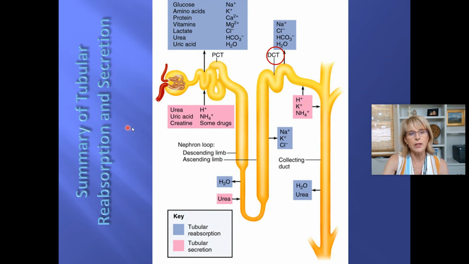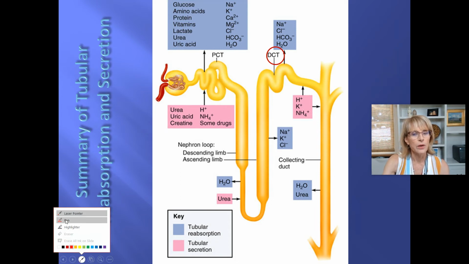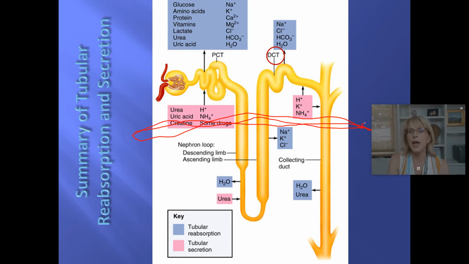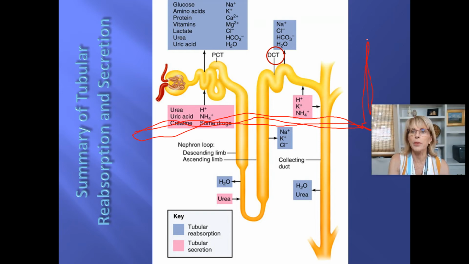So right about here, let me grab a pen. Right about here, this would be where the arcuate artery and vein are, okay? And so that means that all of this area up here is the cortex, and all of this area down here is the medulla.